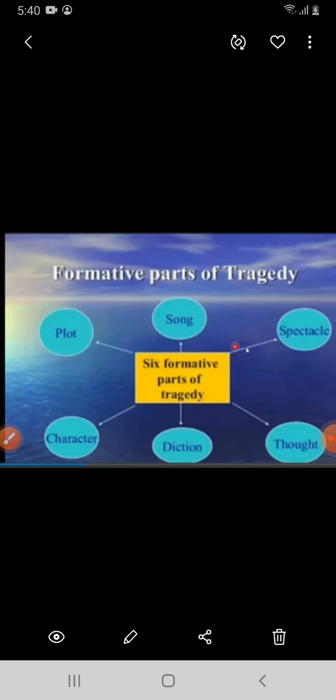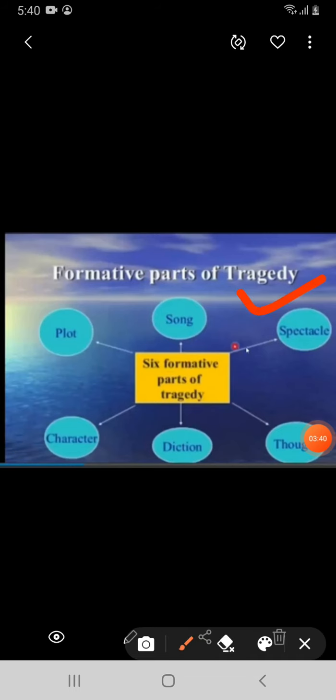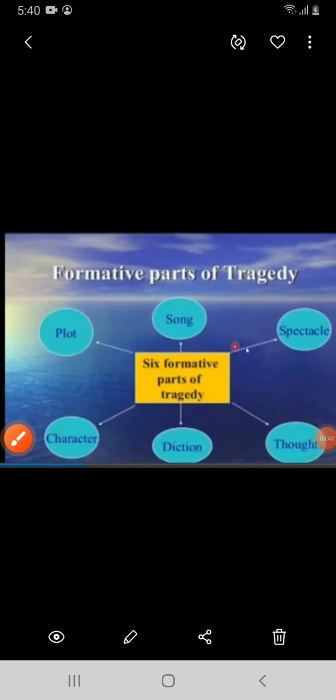After that, there finally comes spectacle. Spectacle means the theatrical appearance of different characters and scenes in a tragedy. So these are the six components of a tragedy, or you can say these are the six basic parts of a tragedy.